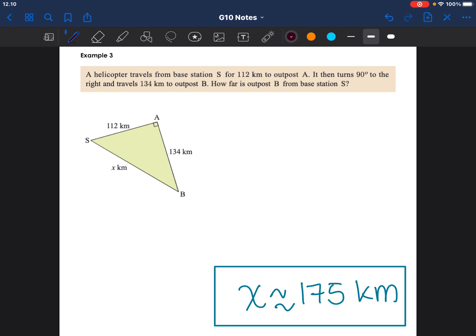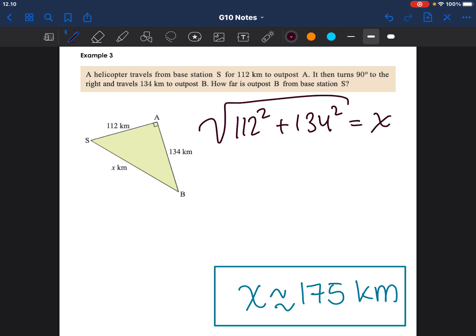So in this case, again, so easy. 112 squared plus 134 squared equals x squared. Square root all of that, and then you will get approximately 175 kilometers for the hypotenuse.